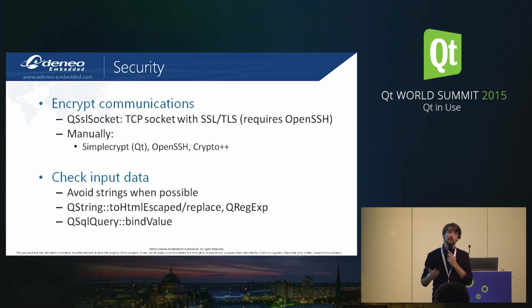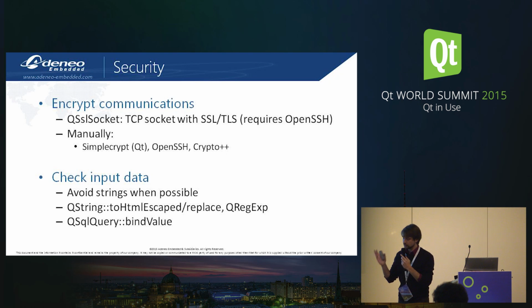But apart from that, it's quite straightforward and very useful. And if you want to encrypt manually, you have SimpleCrypt, which is a very simple library made in Qt. It's a simple encryption, but still powerful. Directly OpenSSL, Crypto++, etc. There is a lot. Input checking.